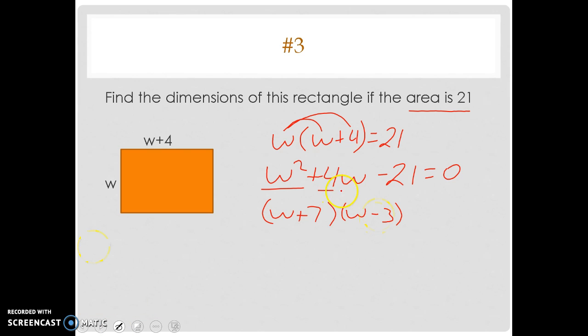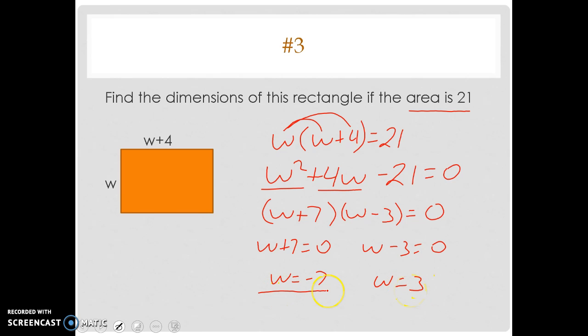That's going to end up giving me a positive 4W in the middle and a negative 21 on the outside here. So then either W plus 7 equals 0 or W minus 3 equals 0. And if I subtract 7 from both sides, the width is either going to be negative 7, or here if I add 3, the width is going to be 3.